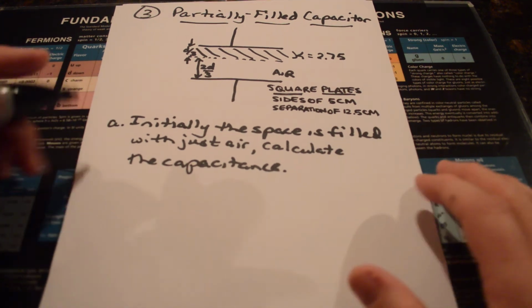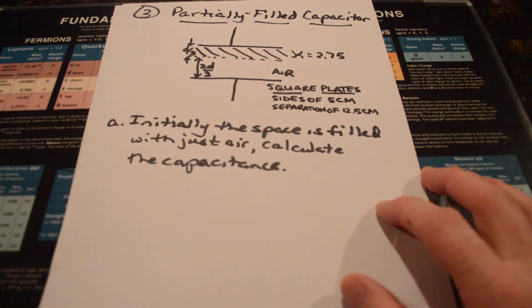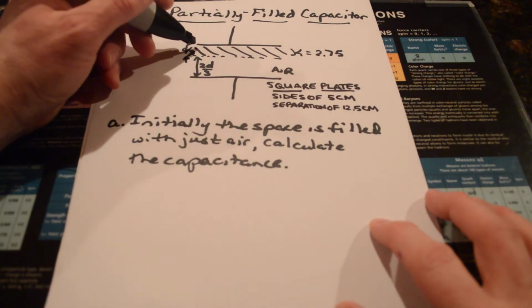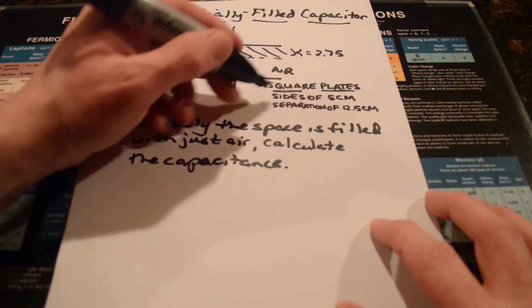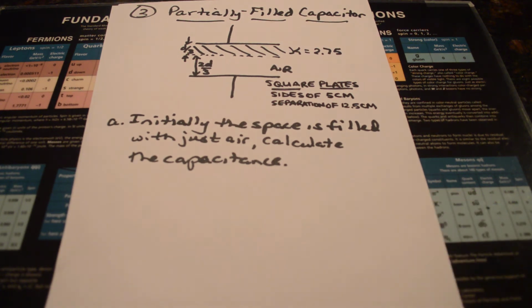Initially the space is just filled with air, so forget about the dielectric, that'll come in part B. We have square plates with sides of 5 centimeters and a separation of 12.5 centimeters.